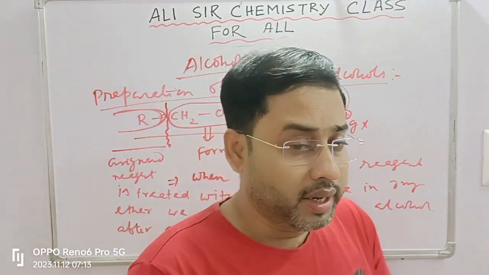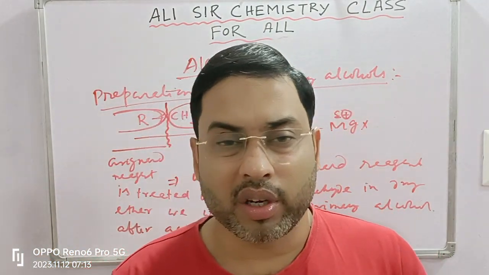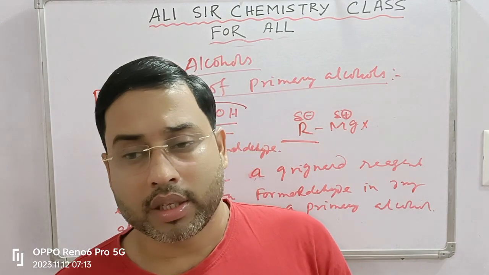So to prepare any type of primary alcohol, you can use this method. You take a Grignard reagent and formaldehyde.